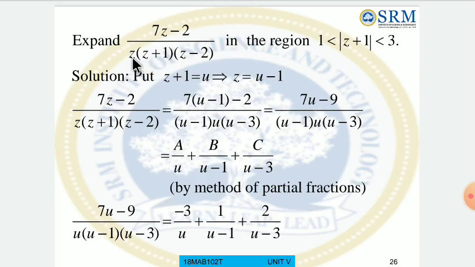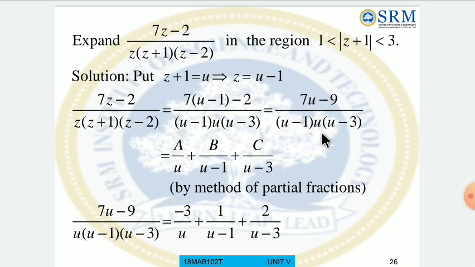In the denominator, z is nothing but u minus 1, z plus 1 is u, and z minus 2 is nothing but u minus 3, because z equals u minus 1. So u minus 1 minus 2 is u minus 3. So this is the given function in terms of u.